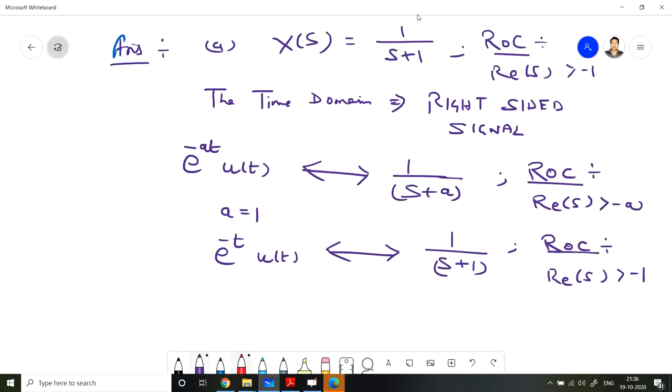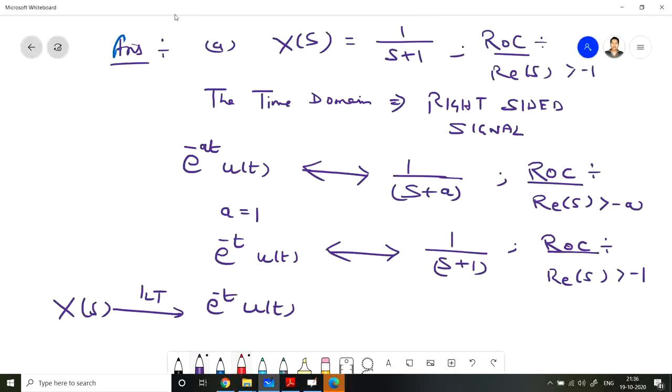So the inverse Laplace transform of this is e^(-t) u(t).